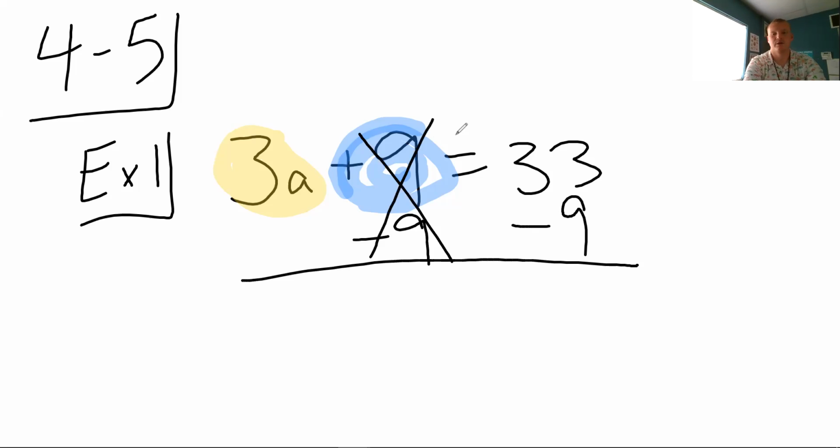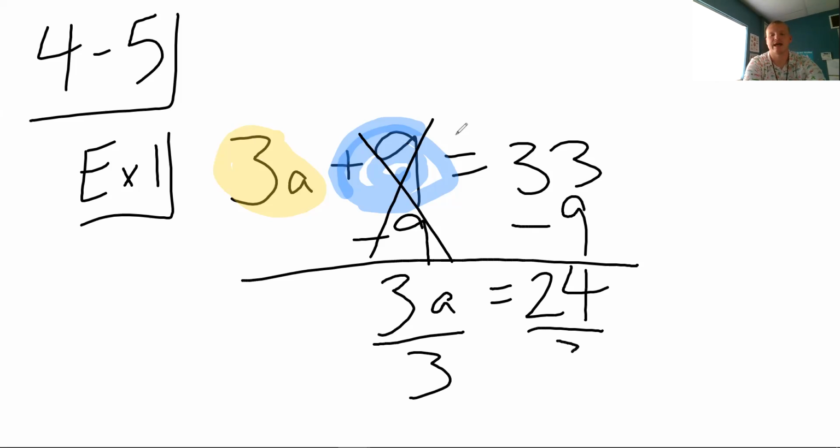The 9s are canceled. 33 minus 9 is going to be... I'm adding... 24. Almost made a boo-boo there. So 33 minus 9 is 24, and then I'm left with 3a. So now I have to divide both sides by 3.